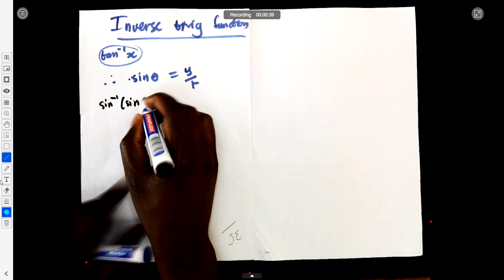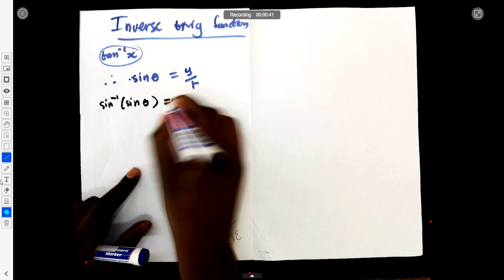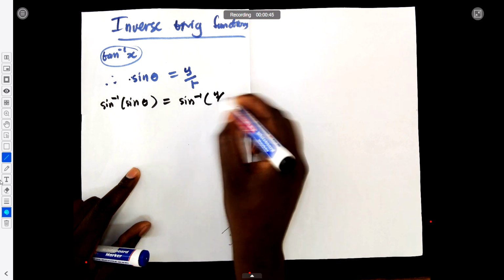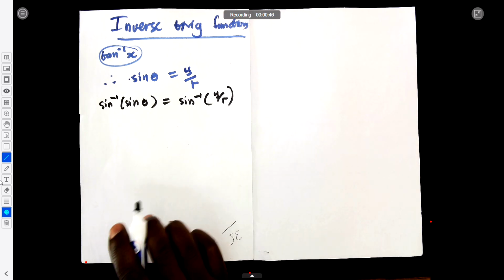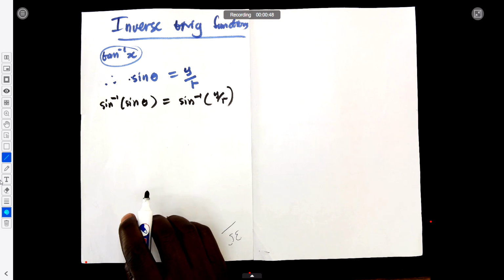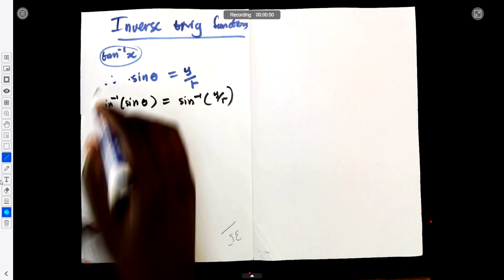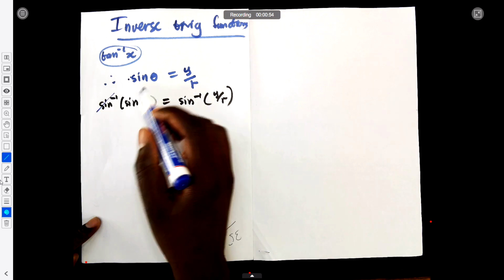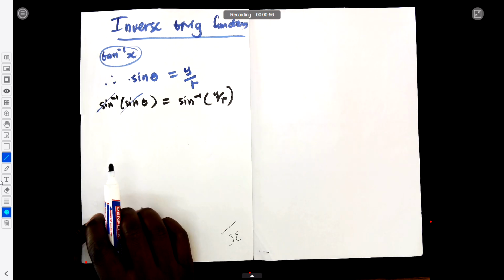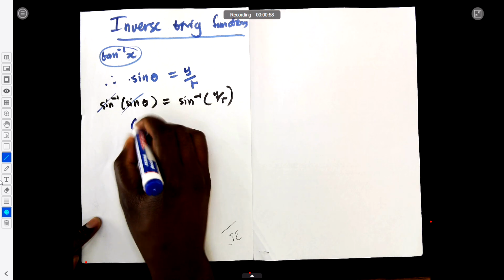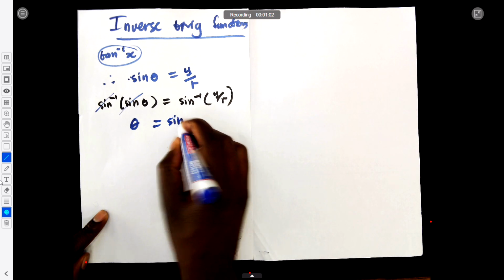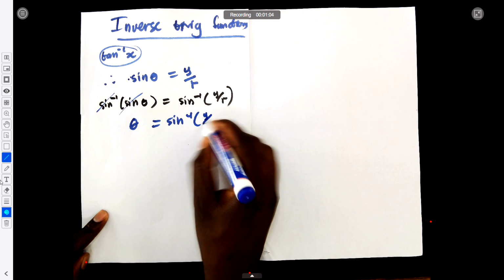So sine of theta equals y over r, and on both sides we apply arcsine. Arcsine with a sine of theta cancels out, we get theta. Therefore theta equals arcsine of y over r.